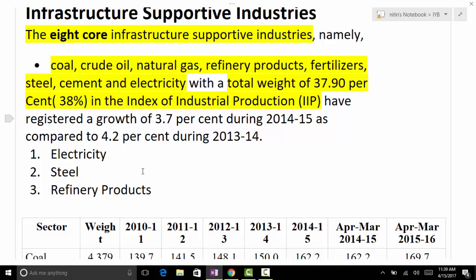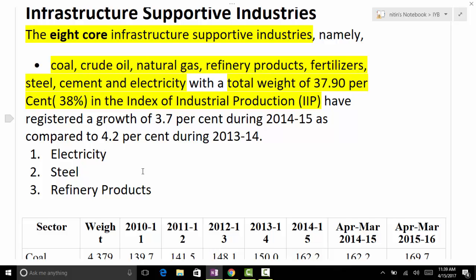बताइए कभी, what are the 8 core industries? Coal, electricity, refinery products, oil. Go again through them. Yes, Ritvik? Electricity, coal, crude oil, cement, fertilizers, natural gas, and refinery products. So what do you do?